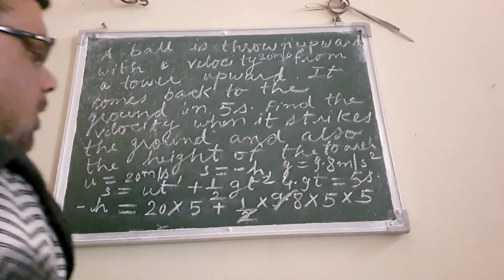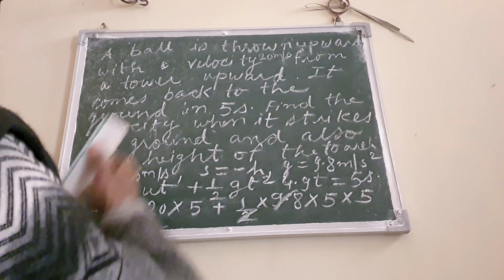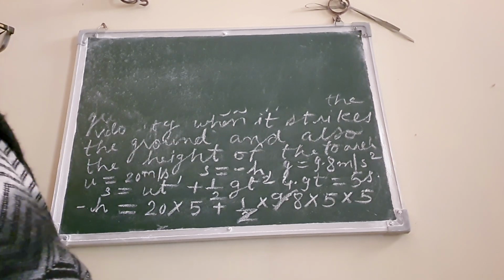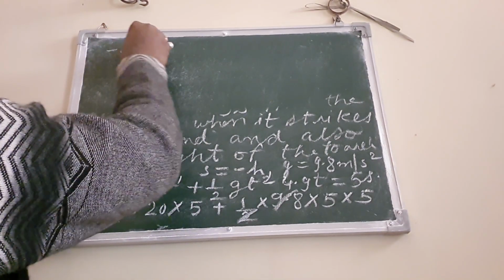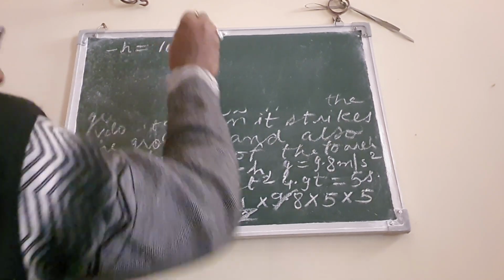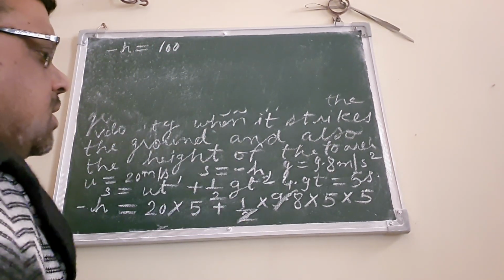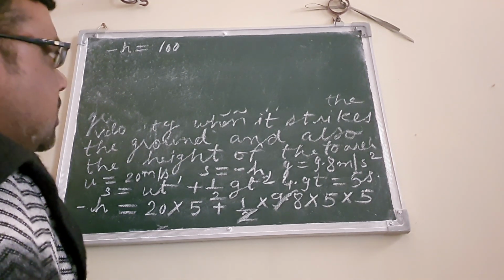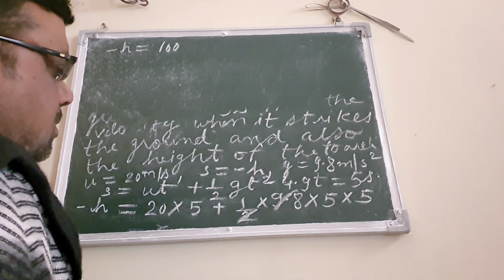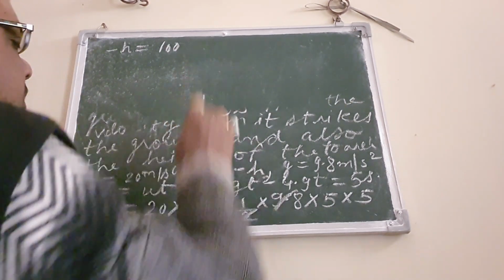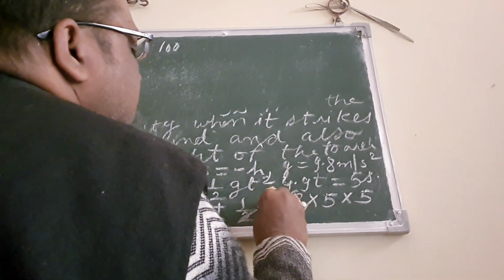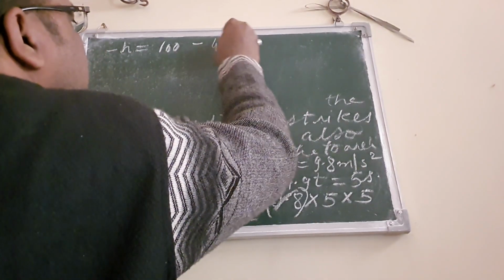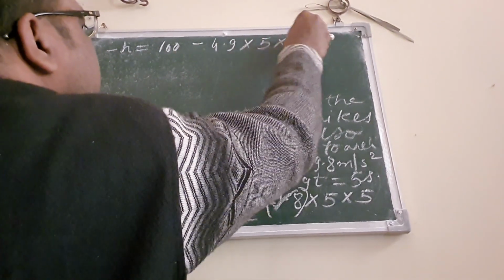Now solving this equation, minus h is equal to 100, since it is moving in the upward direction, and it will be minus 4.9 into 5 into 5.